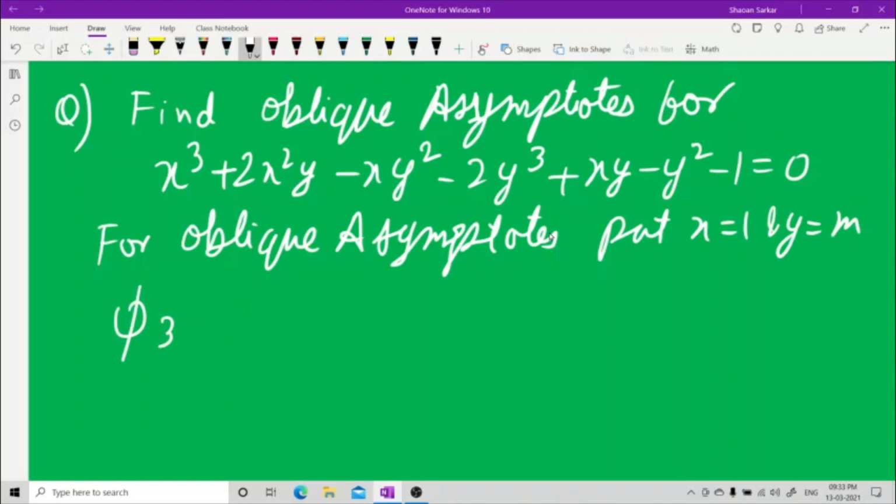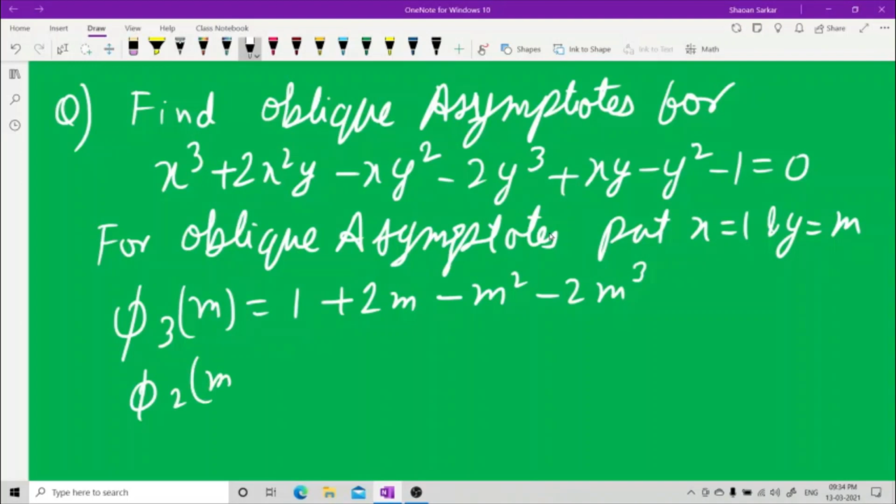Phi 3m is 1 plus 2m minus m square minus 2m cube. And phi 2m, from here, is now m minus m square.